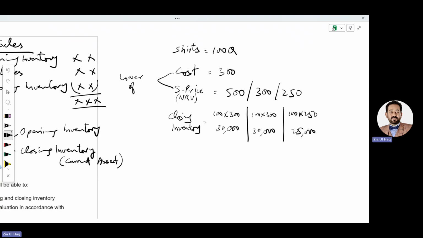I'm just giving an overview of this topic. To calculate closing inventory value, take the number of units available at year end and the lower of cost and NRV, and multiply them to get the closing inventory figure.